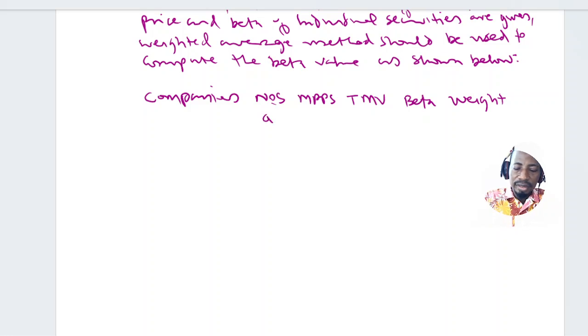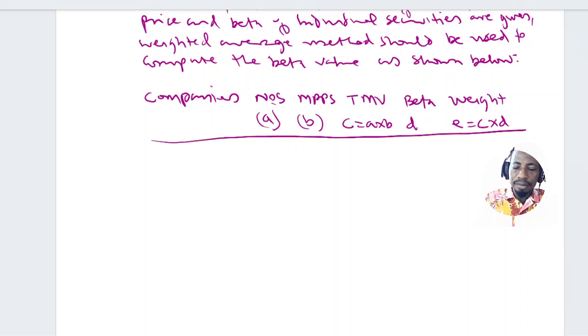So let's say this is A, this is B. C will be equal to A times B. Then this is D. E equal to C multiplied by D. Okay. Say you have investment in 3 different companies.